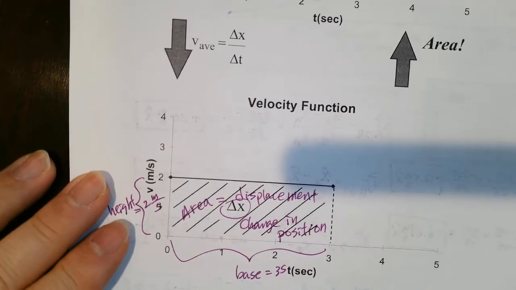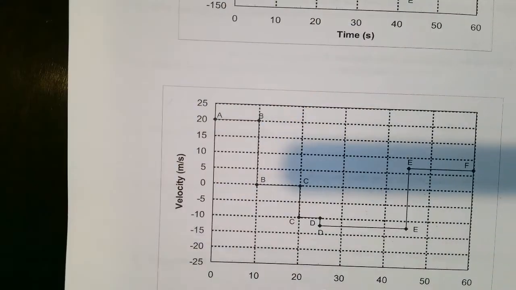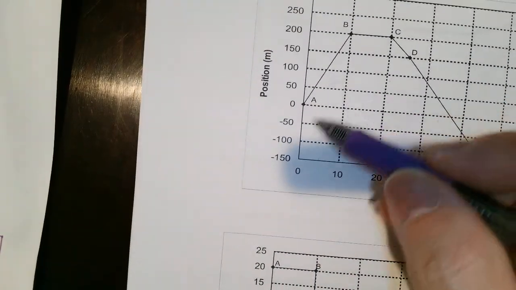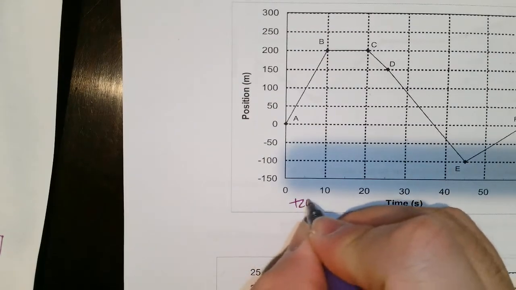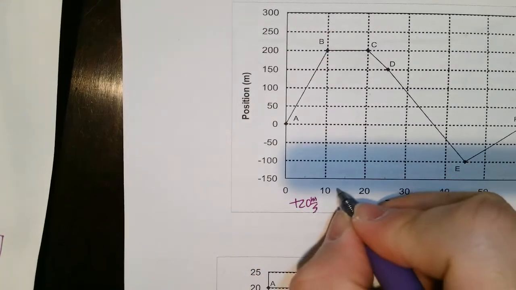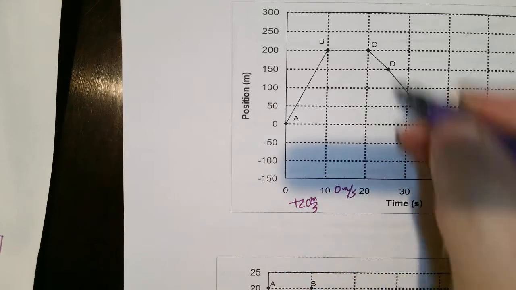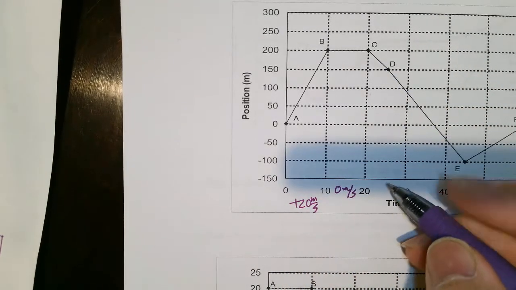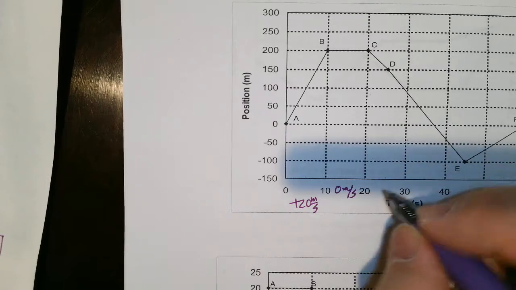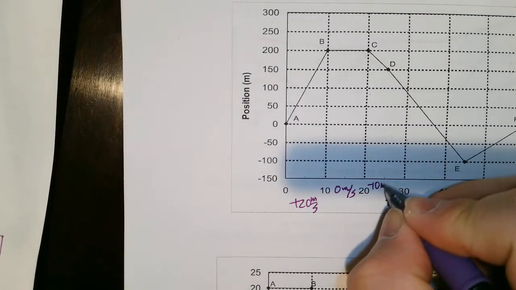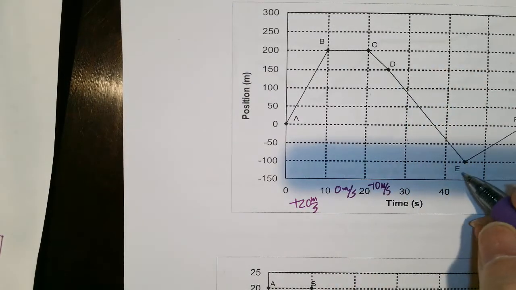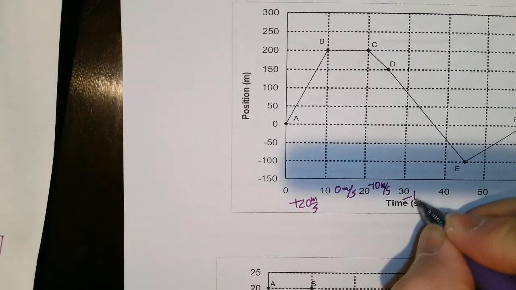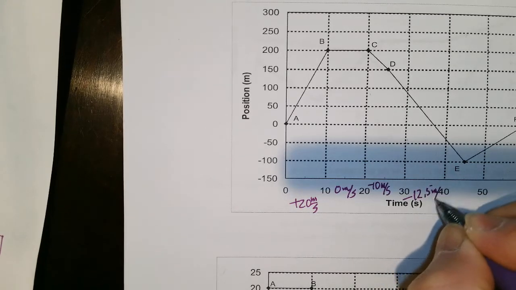So, if we were to graph this previous motion, we said the slope value for this was positive 20 meters per second. This was 0 meters per second. This here was negative 10 meters per second. And D to E was negative 12.5 meters per second.